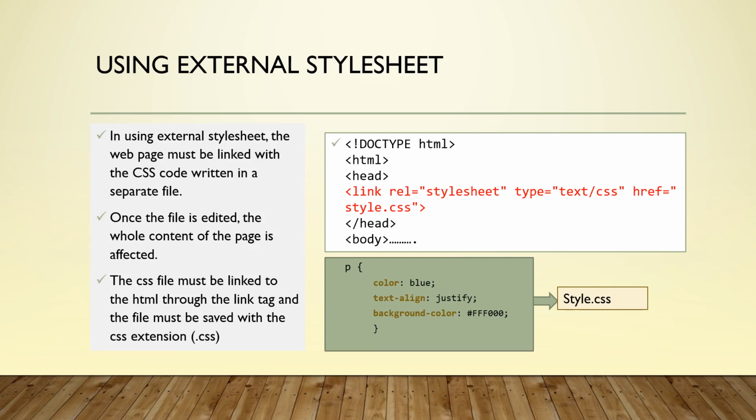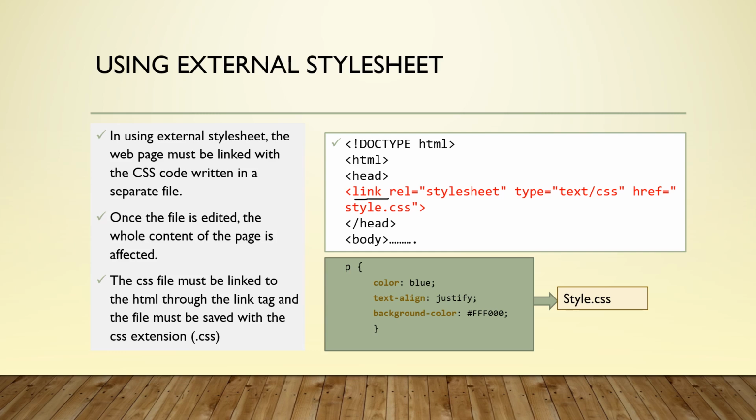When we talk about using external style sheets, the style is going to be written on a separate page. It's going to be written in a separate file stored with a .css extension, the name of the file ending with .css. Then you use a link to that file.